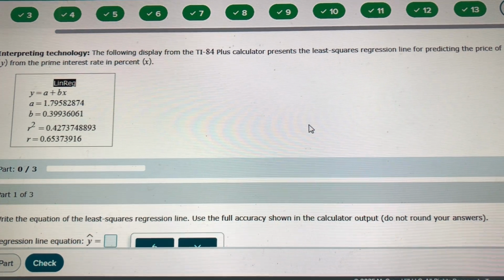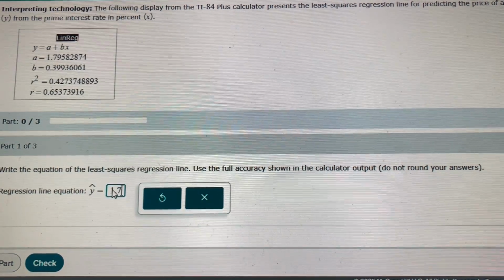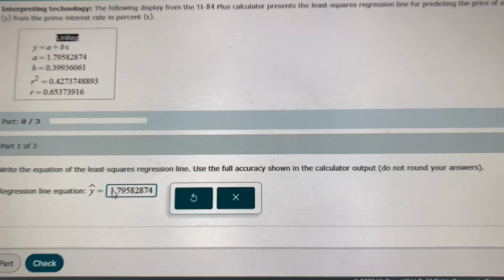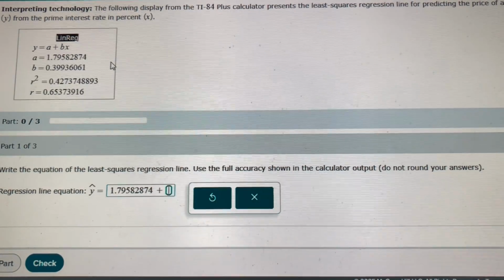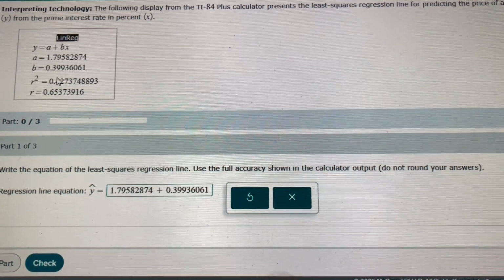Okay, these last two problems are reading data from the calculator or from computer technology. So they ran the linreg t-test for us, and here's the A, here's the B, here's the R. We didn't learn about R squared, but that's okay for now. They want the regression line, and that's easy if I have A and B. It says do not round your answer, so type the whole thing: 1.79582874, that's A, plus B, 0.3993661, and then you put an X at the end.